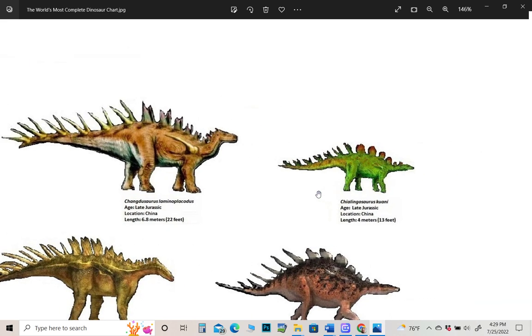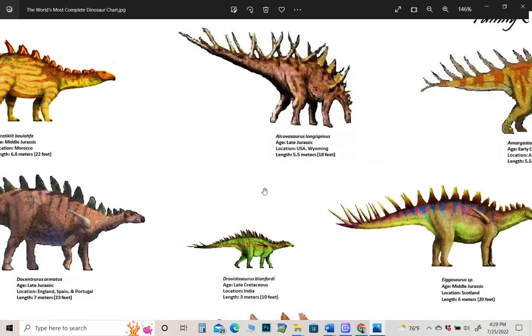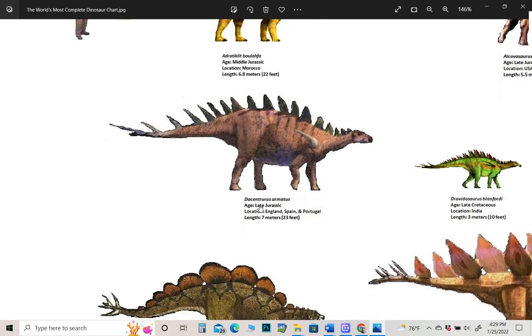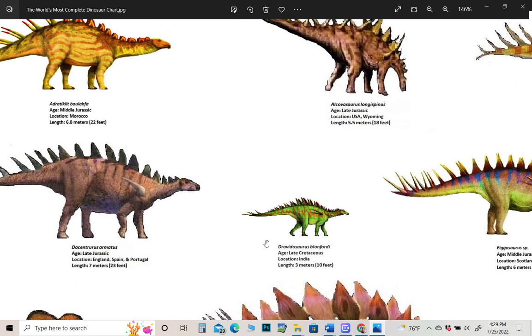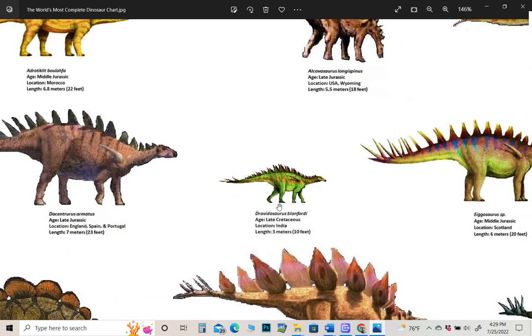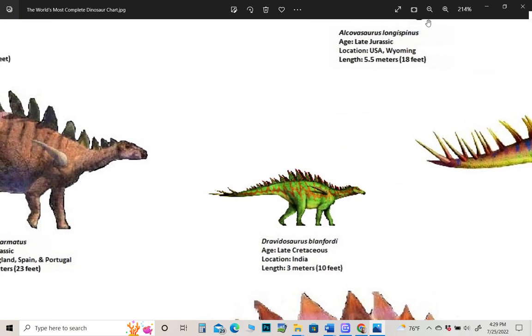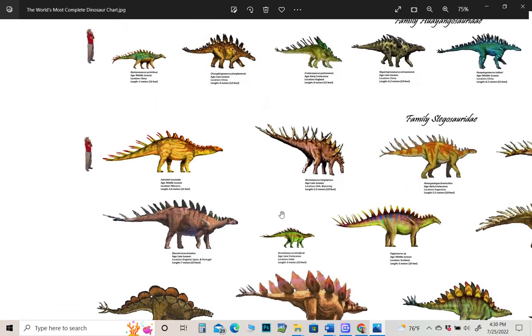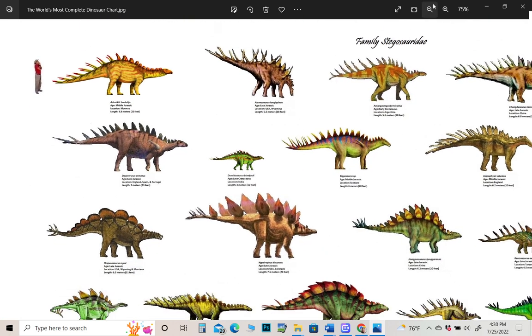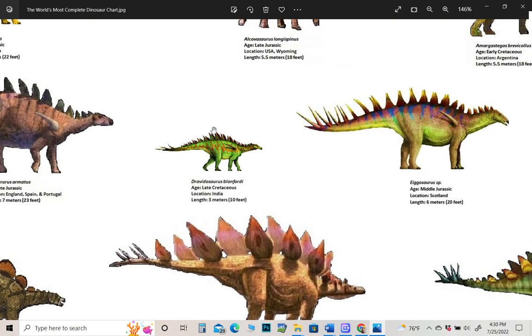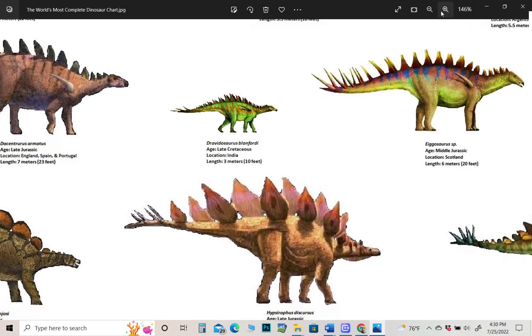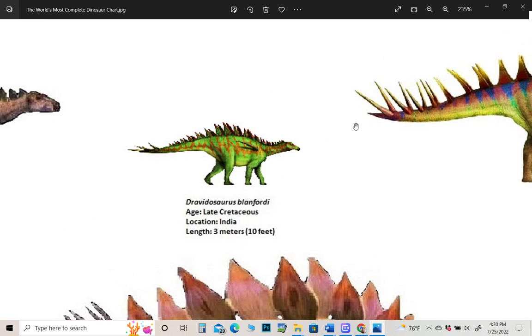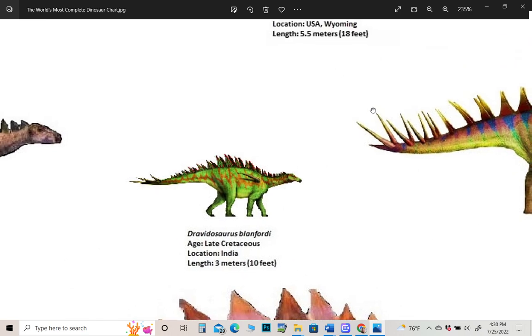Chengdusaurus, Chiayusaurus, Dacentrurus, and Dravidosaurus, which is the latest surviving stegosaurus. It's like a living fossil of its time. It's the early late Cretaceous, and it's 10 feet long, which is the size I gave Basanosaurus. But Basanosaurus at that size is still probably subadult. So I'm going to guess this is probably the last surviving stegosaur, as well as the smallest stegosaur.